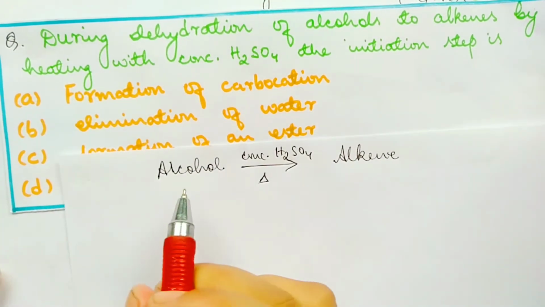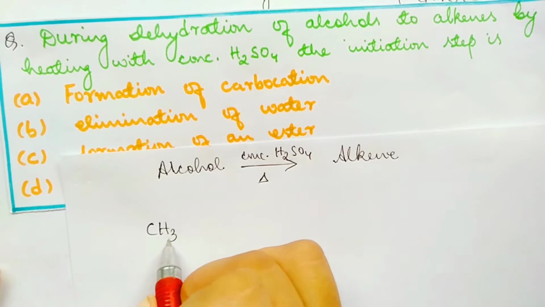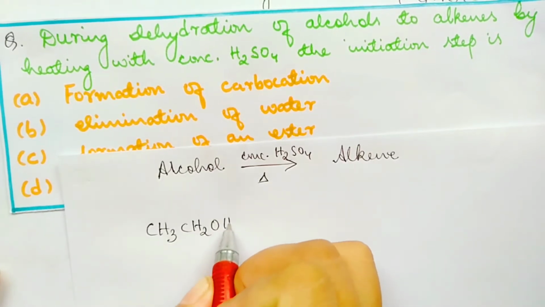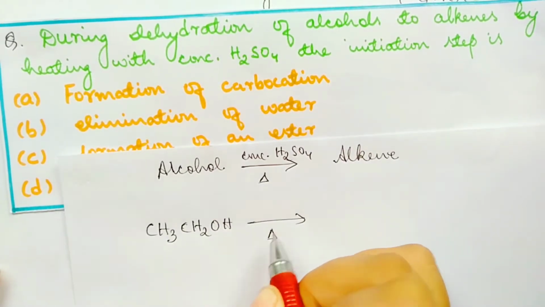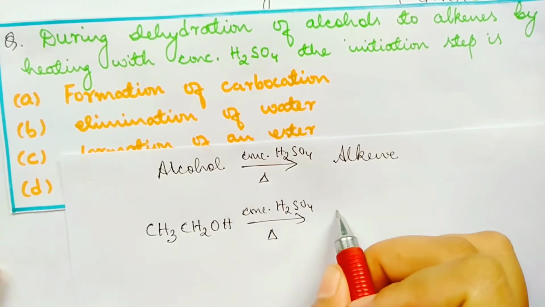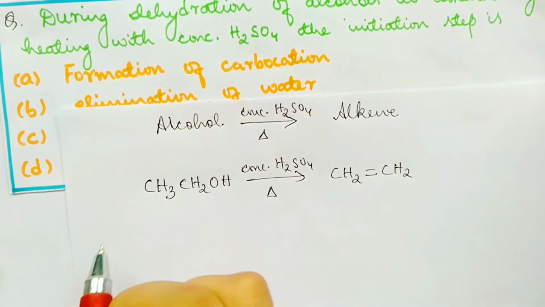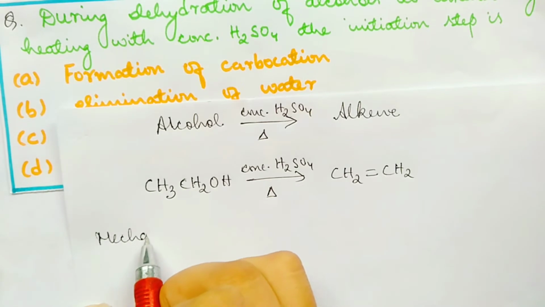So let's take an example of an alcohol, say ethyl alcohol. Ethyl alcohol, heated with concentrated sulfuric acid, gives ethene.